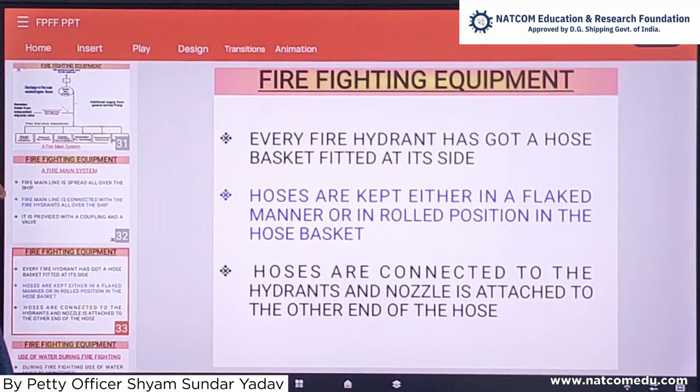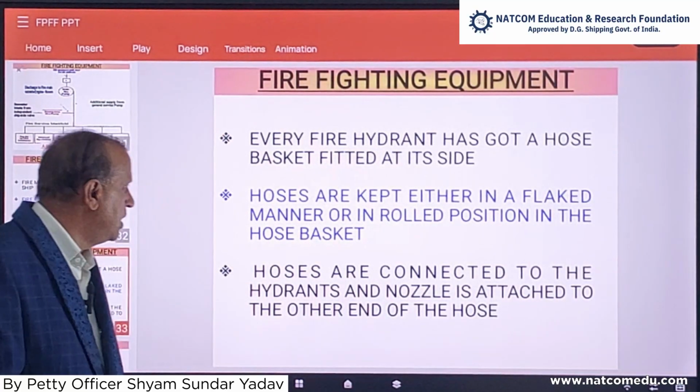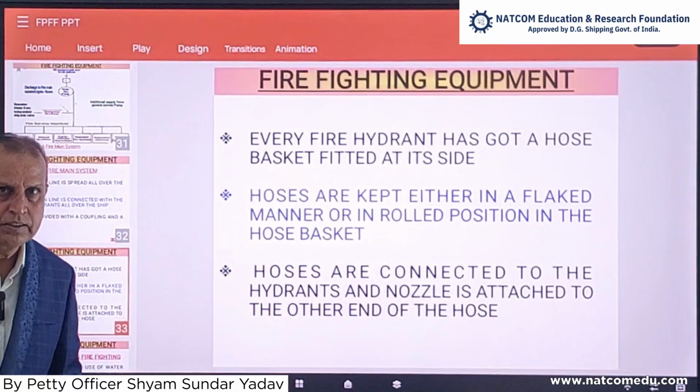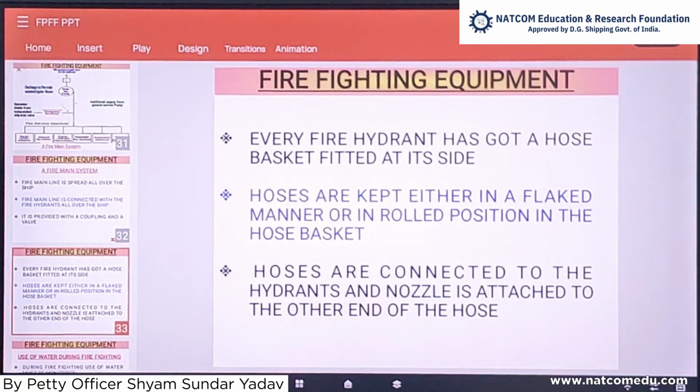Hoses are kept either in a flat manner or rolled position in the hose basket. तो ये भी आपको पता होना चाहिए और आपको सीखना चाहिए. Most important.